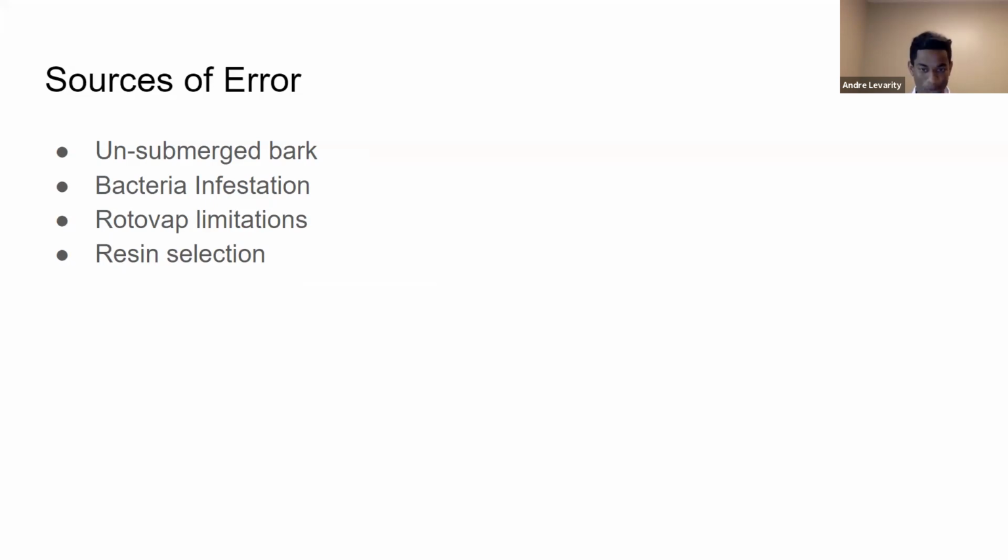The resins I used did not allow the solution to pass through properly, and it's based on molecular size. I'm not going to get too in depth, but a major part of the purification is just selecting the right resin. This comes with trying more and more, because chemistry isn't perfect. You don't always get the results you want. You have to keep finding new ways to adapt and adjust.